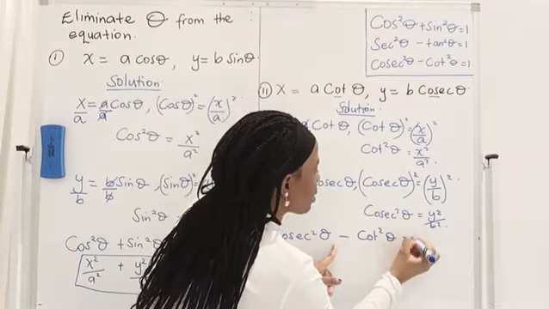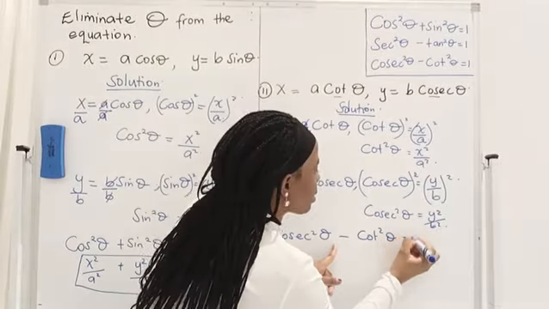Then minus cot squared theta, which is x squared out of a squared. And this is equal to 1. Hence, theta is eliminated.